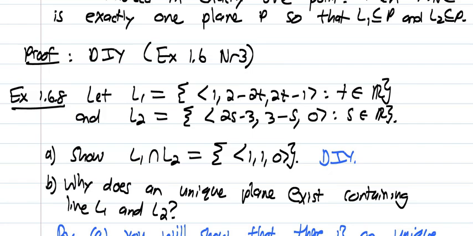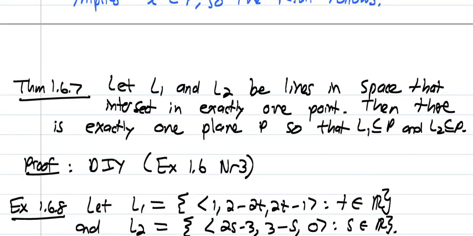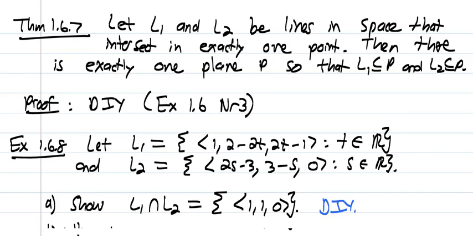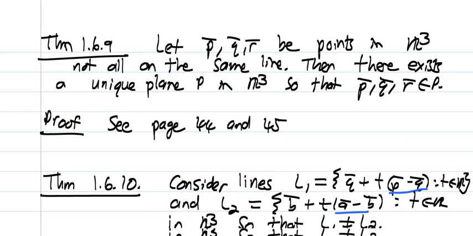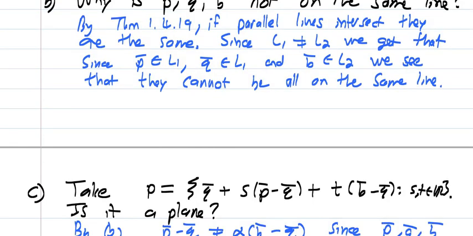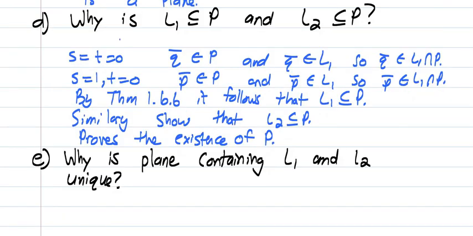We have theorem 1.6.7, which we started off with. Remember, we started off by showing that if two lines in space intersect in exactly one point, then there's exactly one plane that contains both. But now, here we have lines that are parallel and don't intersect.